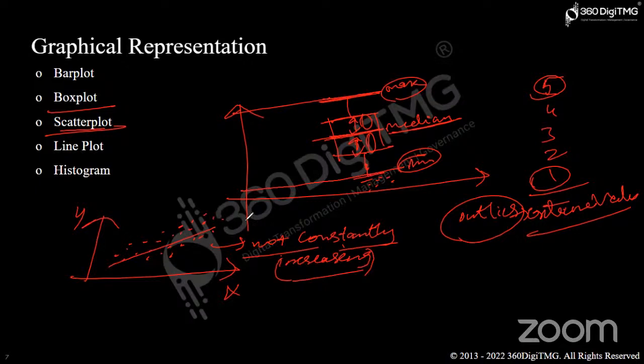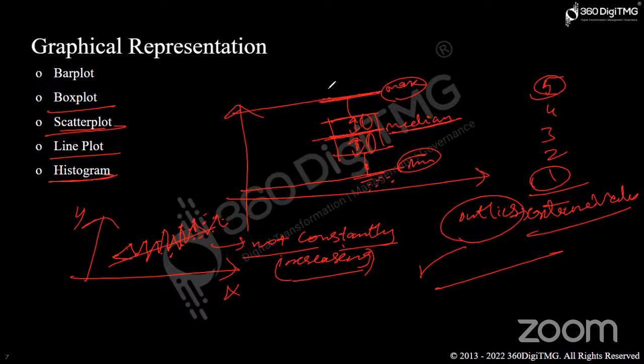How it is being scattered, it gives you the idea. For line plot, you join these and you get a line, connecting from one end to the other end.